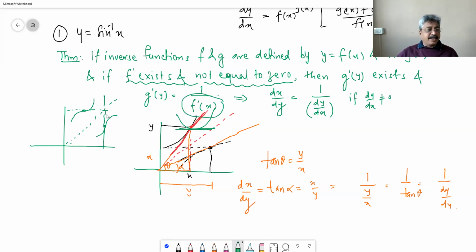Therefore, f dash of x in the original curve should not be equal to 0. That is the only danger point, because vertical tangent we are not accepting.